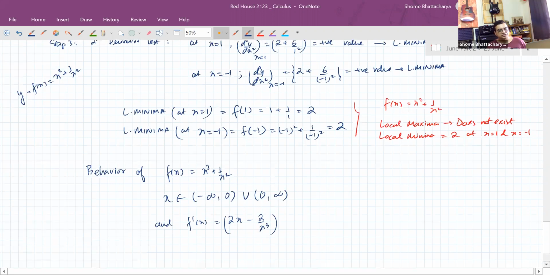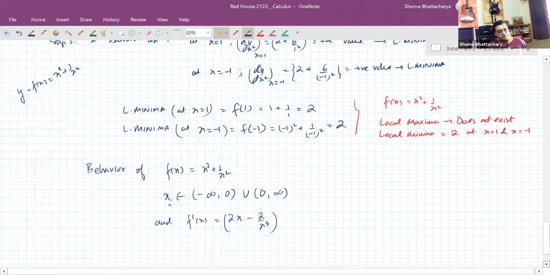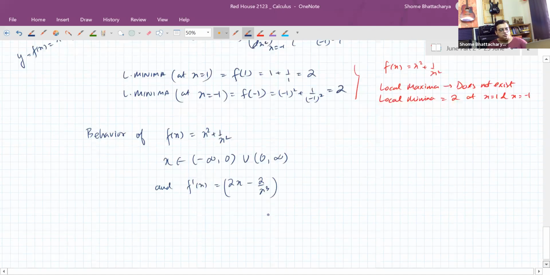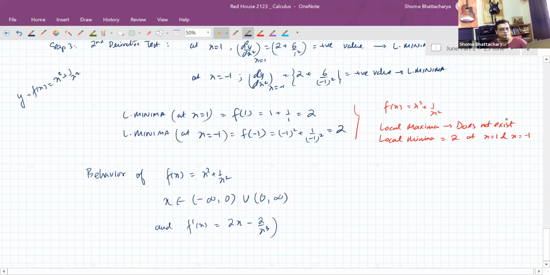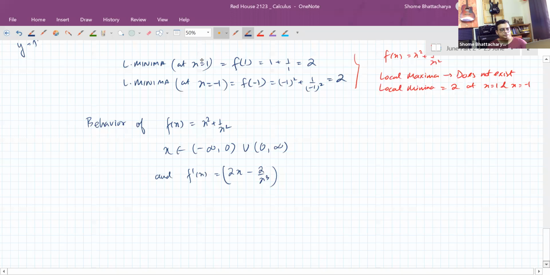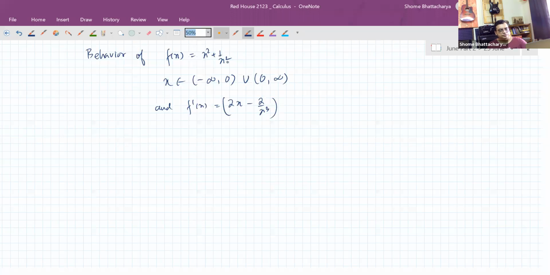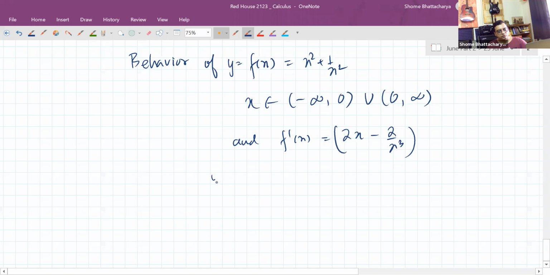So if we see this function, it has a very interesting behavior that y tends to infinity for x tending to 0, because there's a 1 by x squared term. Of course, it's not defined at x equal to 0, so 0 is excluded from the domain.